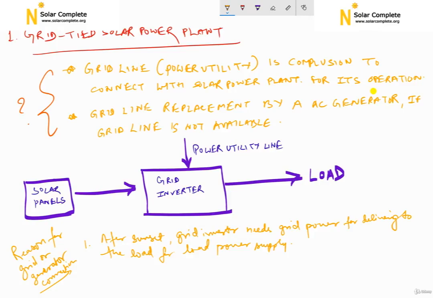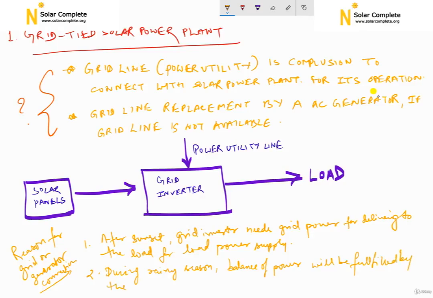So let's suppose in the rainy season our solar panel is only producing 5 kilowatt and our load is 10 kilowatt, so the rest of the power will be taken from the power utility line, that is 5 kilowatt. The grid inverter is a very sensing device. It is the brain of the solar power plant, so it always observes the solar panel production, plus the power coming from the utility line, plus also the load demand.